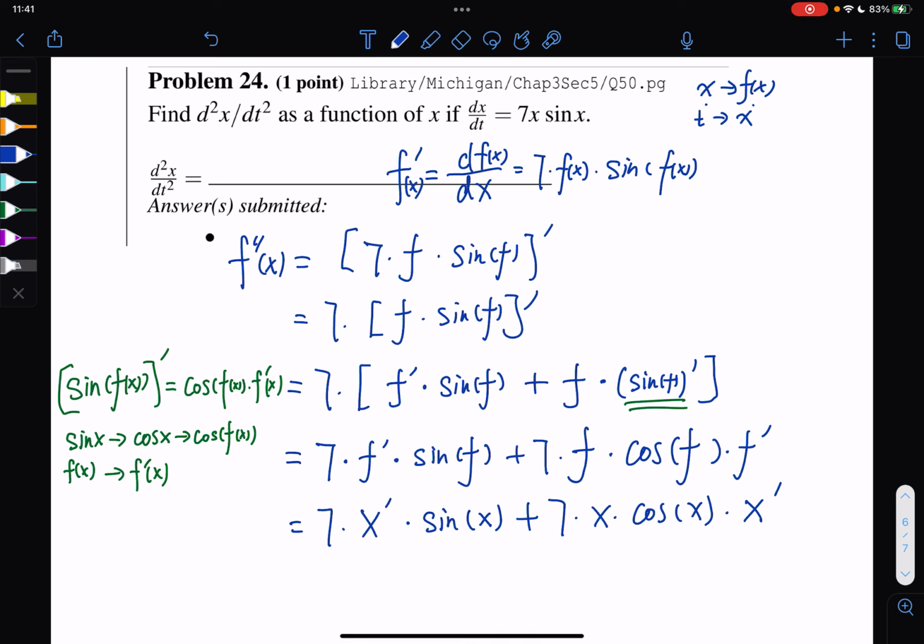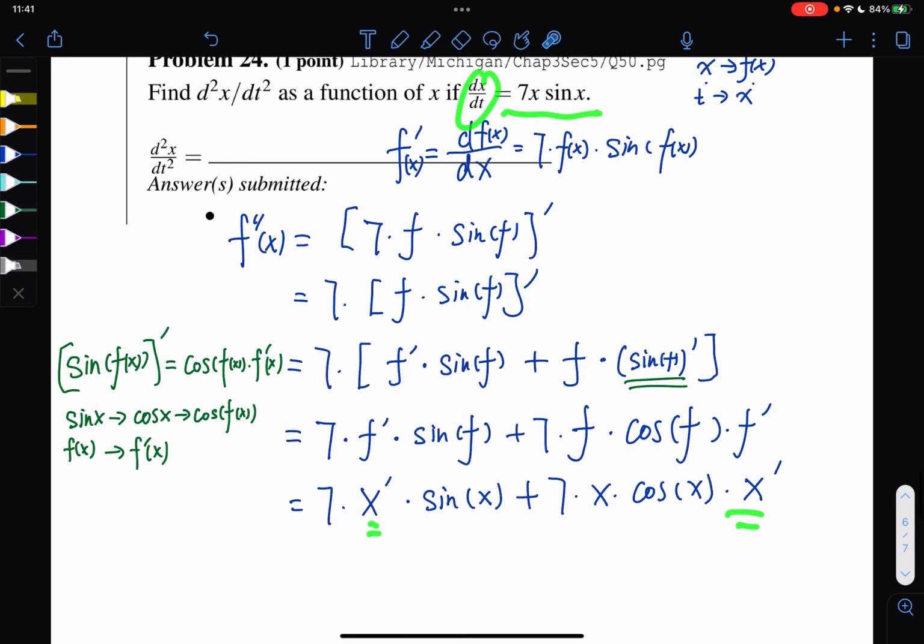Well, x prime, namely the derivative of x, is given to you, so you should make it super clear what those are. So I'm going to change x prime back to that. So it's 7 times 7x sine x multiplied by sine x. Like I said, I'm changing x prime back to what it's supposed to be, which came from the original question.